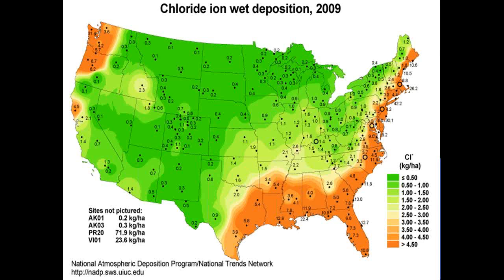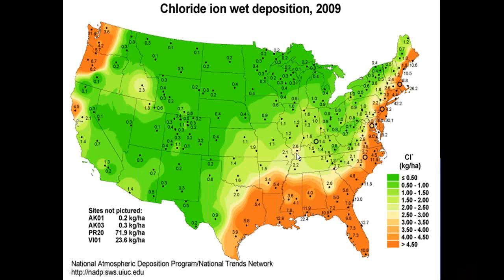These are charts of the United States. These charts are in kilograms per hectare. In the coatings industry, we primarily look at micrograms per square centimeter. It isn't exactly totally 100% accurate, but it is very, very close.